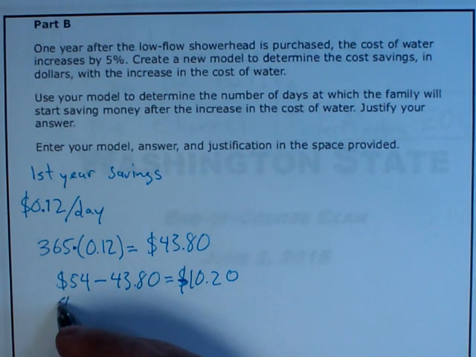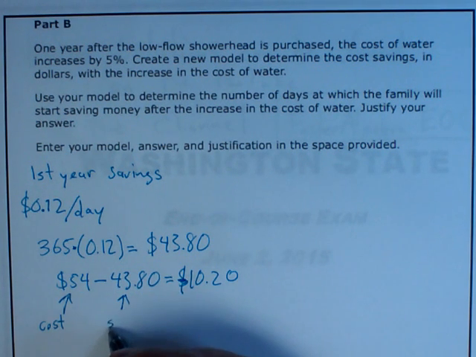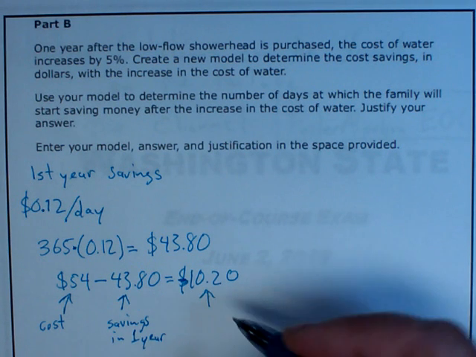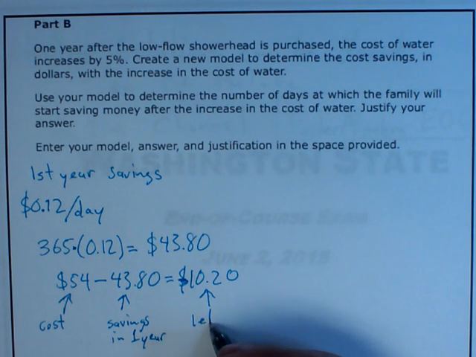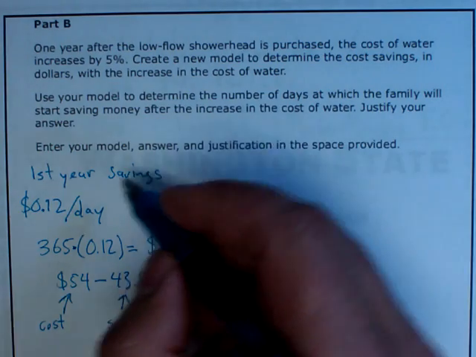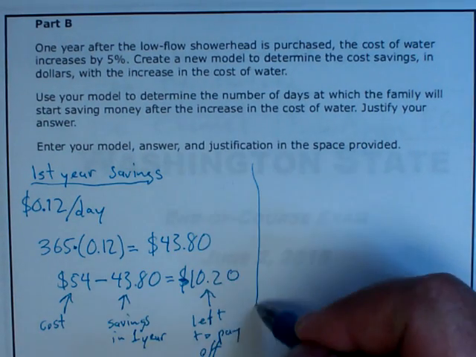So this is the cost, this is the savings in 1 year, and this is left to pay off. Okay, so that's the first year's savings.